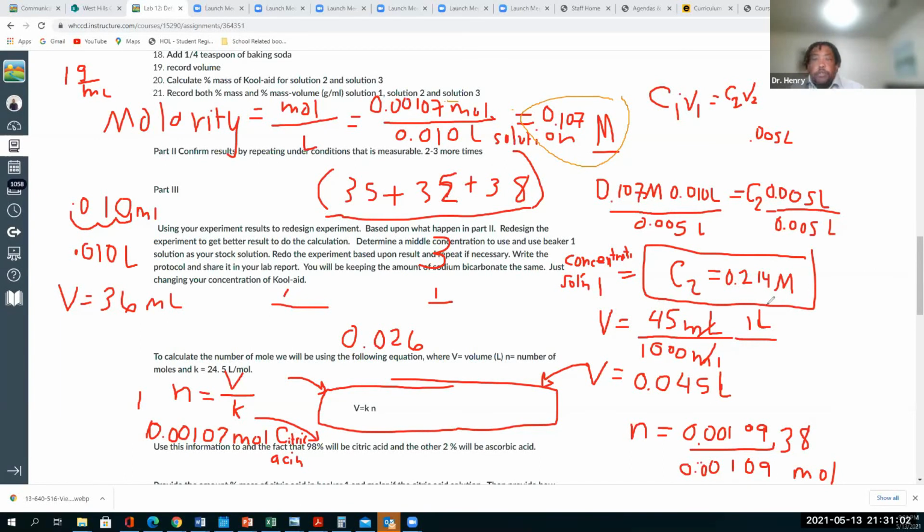This guy is moles over liters. So we can calculate our percent mass by using this, and also by using the molar mass of citric acid. I want you to try to figure this out on your own. I want percent mass of citric acid.